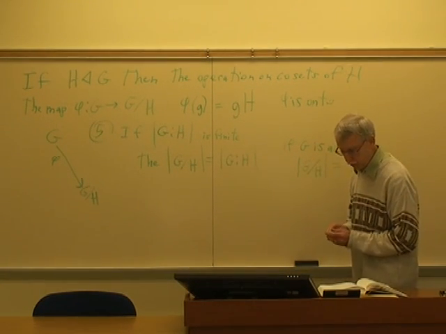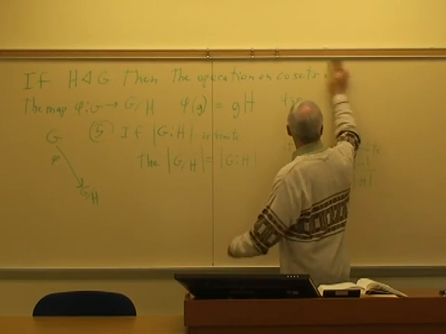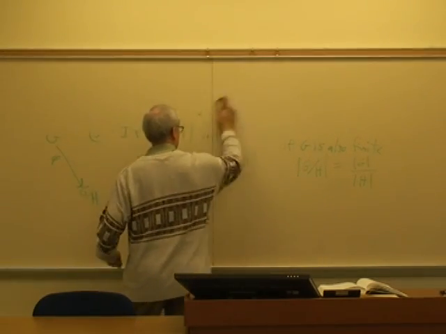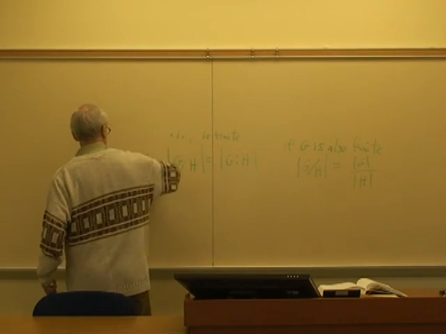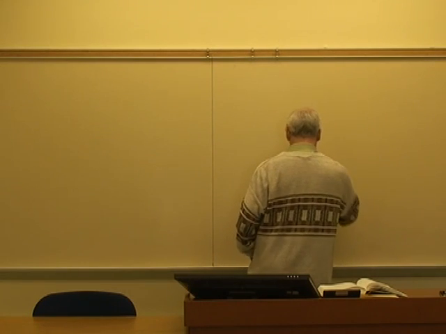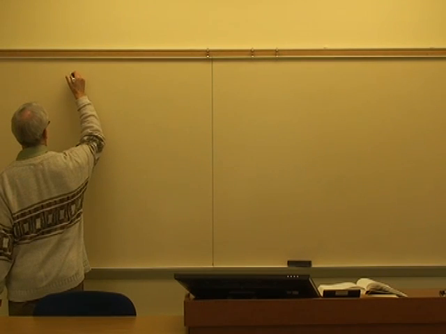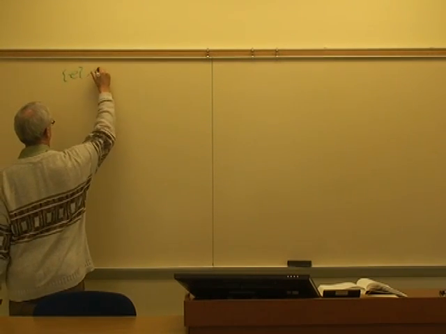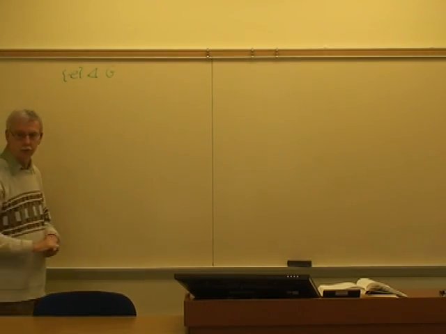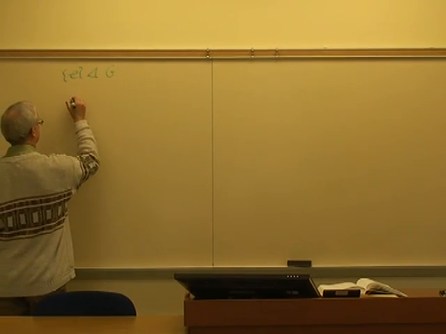Okay, a couple of trivial examples. It should be clear that the trivial subgroup is a normal subgroup of any group, because the identity commutes with everybody always.